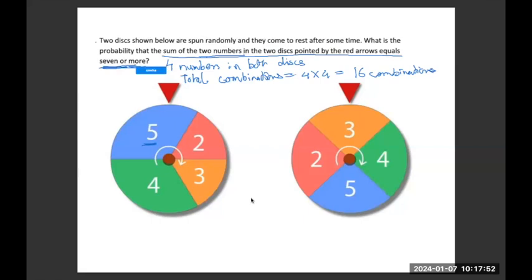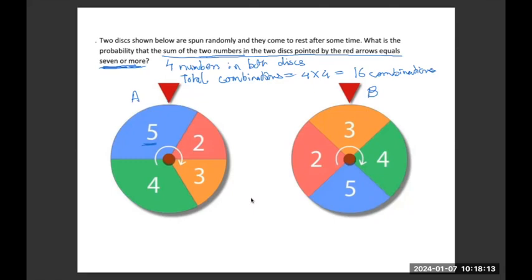I will do that for 5, 2, 3, and 4. So let me take disc A. I'm writing disc A and disc B. So let me take disc A, and if 5 is a number which the pointer arrives at, then with 5, which are the other combinations in B?